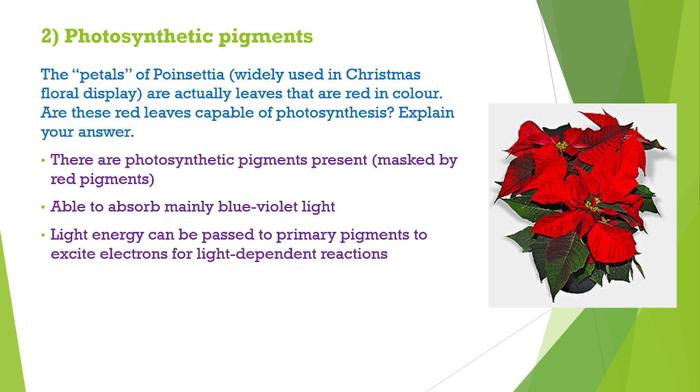But the blue-violet light is not reflected, and most photosynthetic pigments actually absorb in the blue-violet region, both chlorophylls and carotenoids. So the blue-violet light is still able to be absorbed by the photosynthetic pigments that are present. So this allows the light energy to be absorbed for the light-dependent reactions, and therefore for photosynthesis.